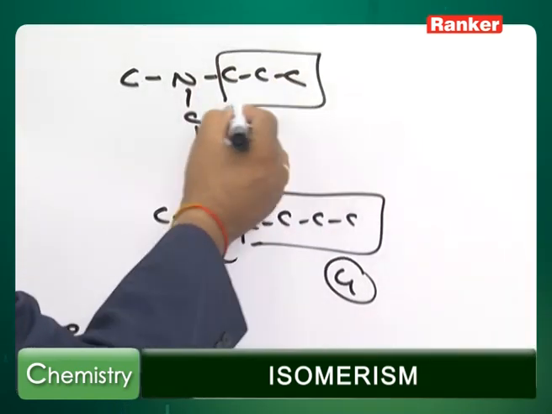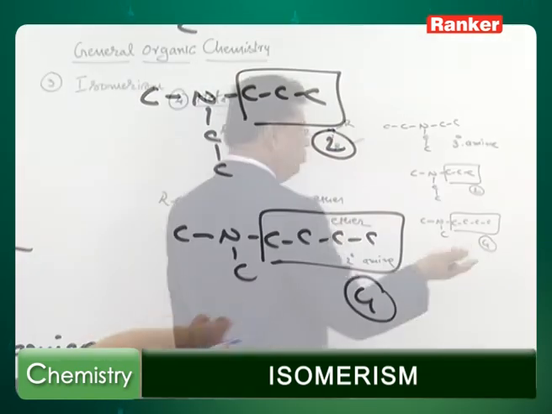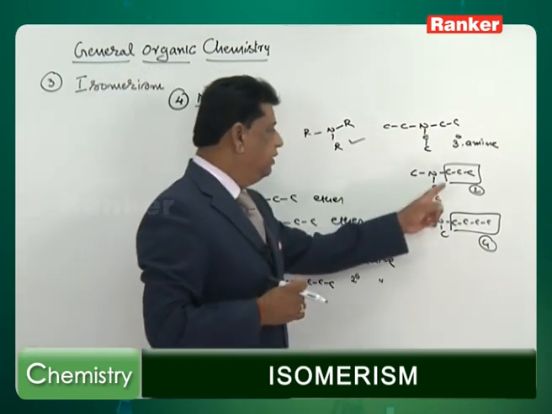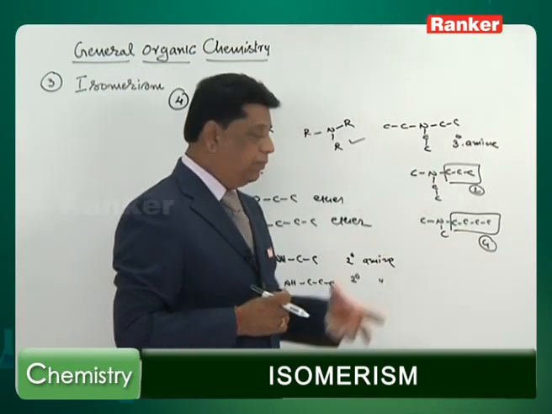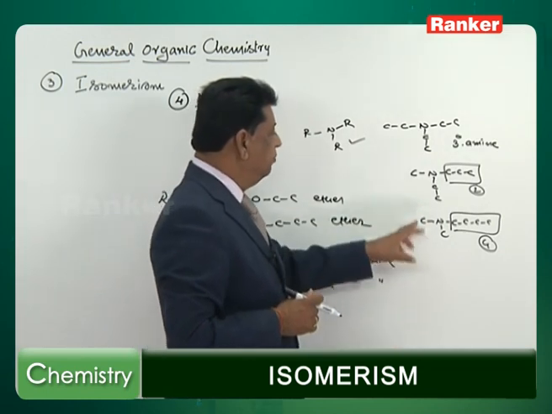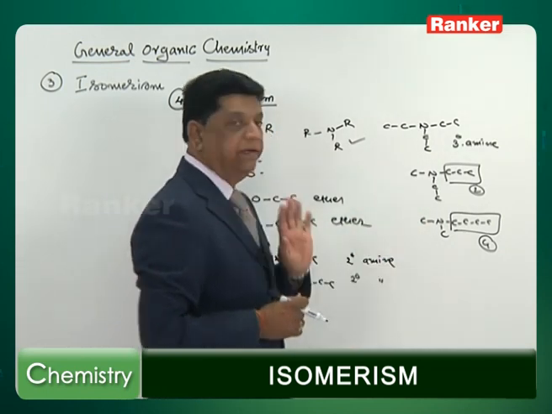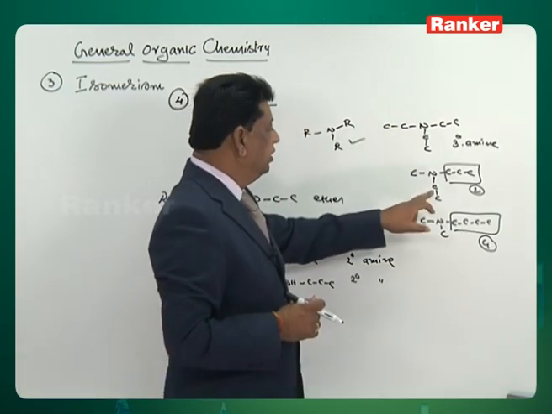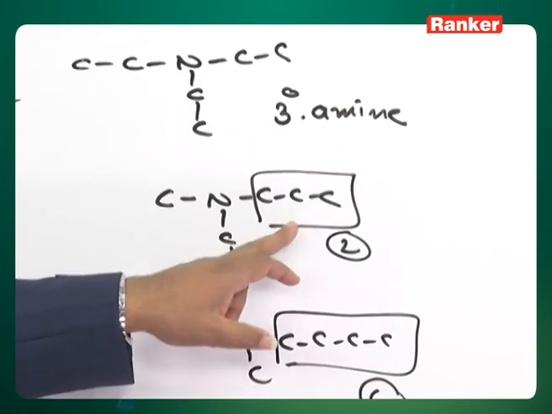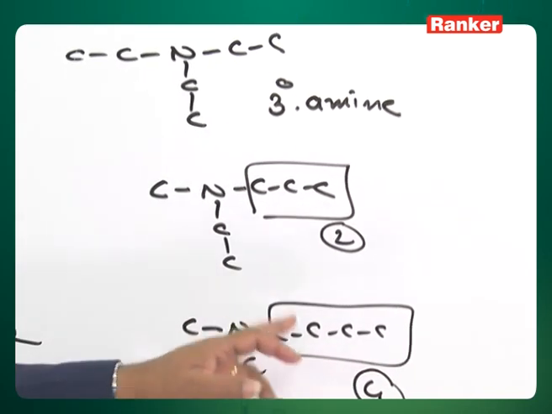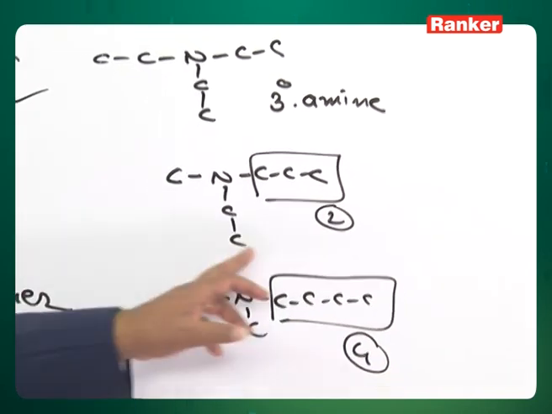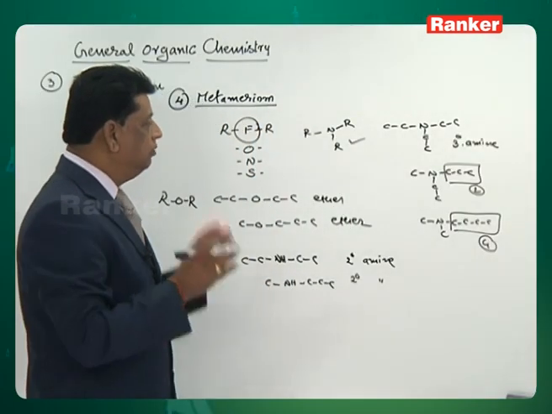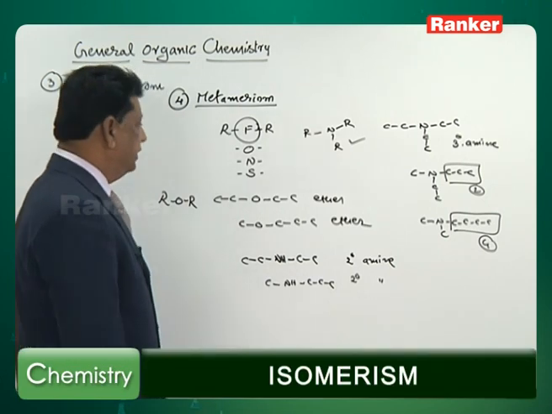Similarly, a propyl can be 2 types, n type and iso type. 1 carbon, 2 carbon you cannot have any change, but whenever more carbons are there, you have options. Basically all are 3-degree amines. So, this is only 1 type, but here you have n-propyl, isopropyl also you can have, and n, iso, secondary, tertiary butyl, but it should be tertiary amine. So, both are tertiary. When you compare, then it will become metamerism.